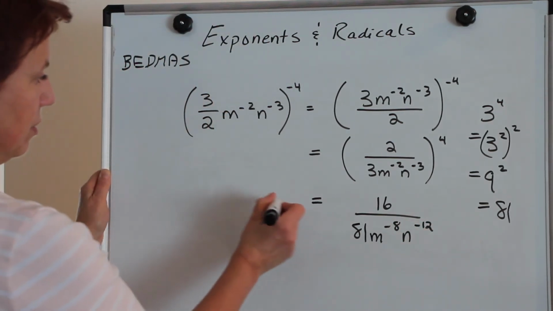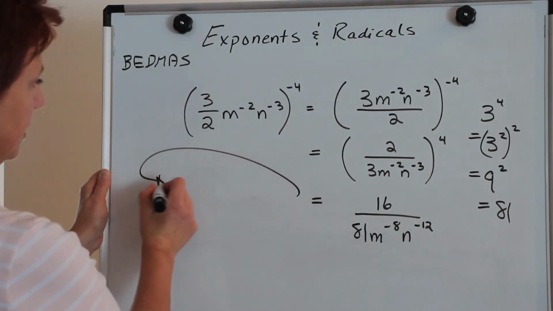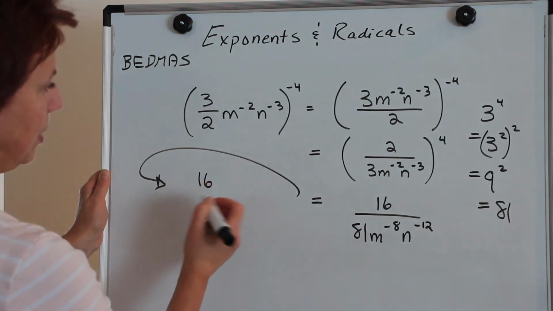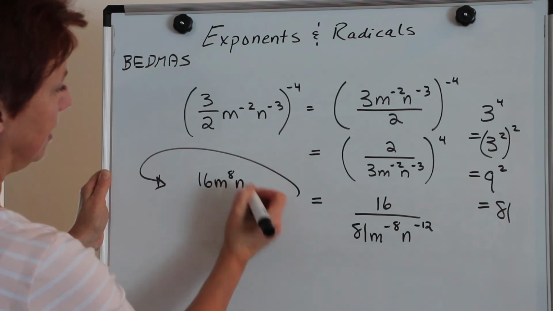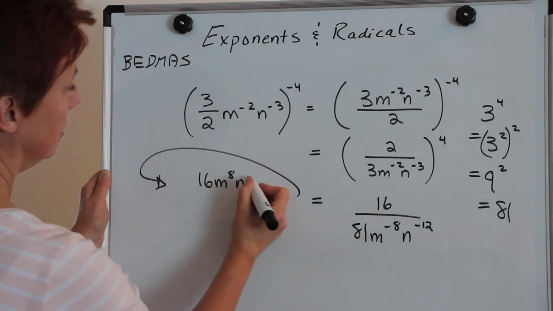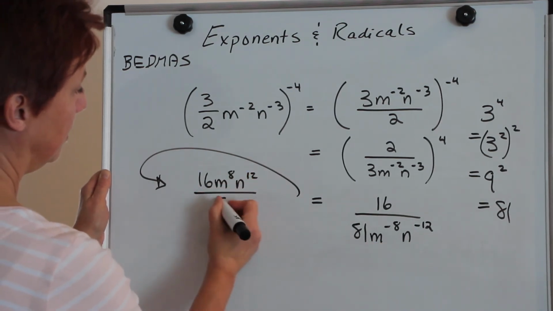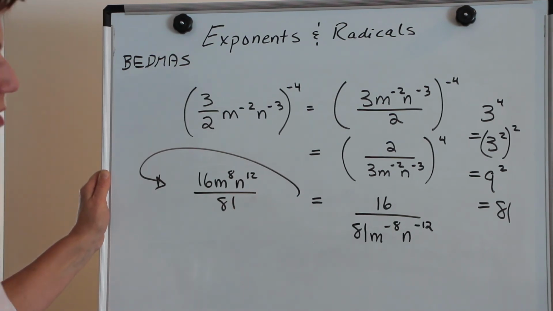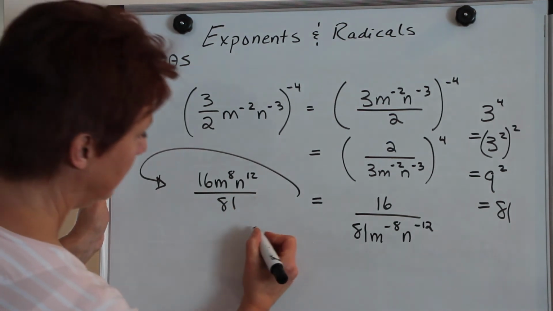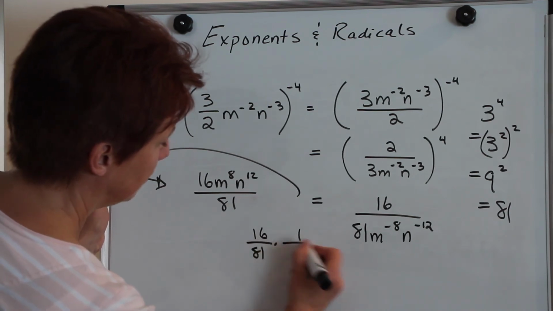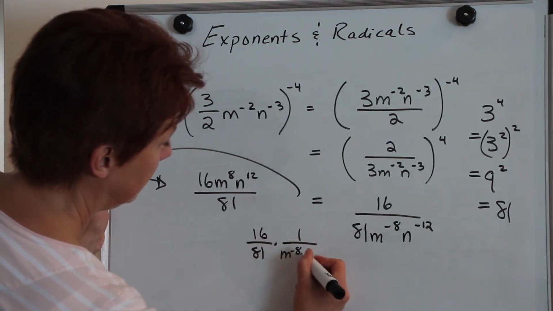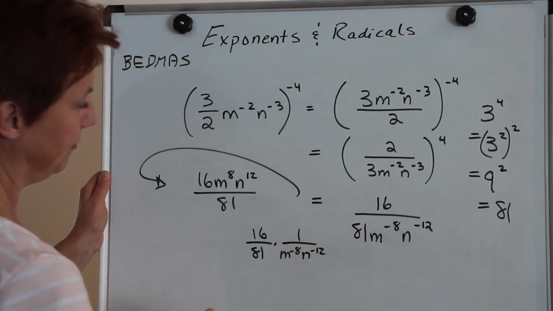Now all we do with those, we'll come over here to finish this, is we're just going to pop them into the numerator. Okay, we're reciprocating these bases, and we're going to end up with positive exponents as a result. Okay, so here's what we kind of have. We have 16 over 81 times 1 over m to the -8 and n to the -12.